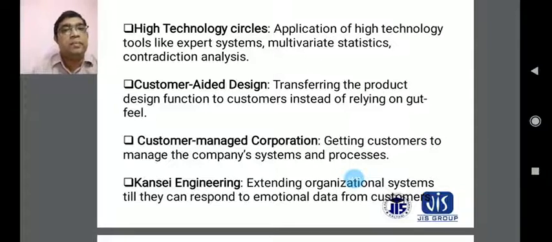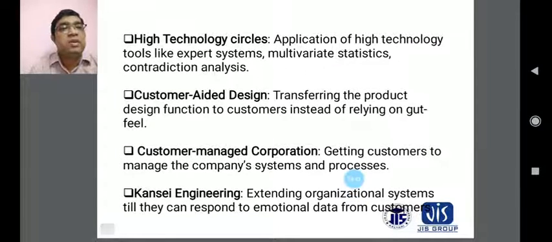And another is customer added design: transferring product design and design functions to customers instead of relying on gut feel. This considers the needs and functions the customers want, instead of assuming what products customers will accept.